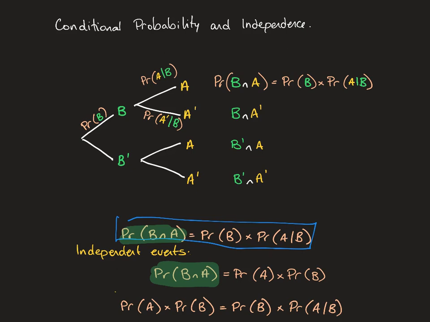I'm going to take this side from the top one, which goes there, and I'm going to take this side from the bottom one and put it there. So they are both actually the same amount.